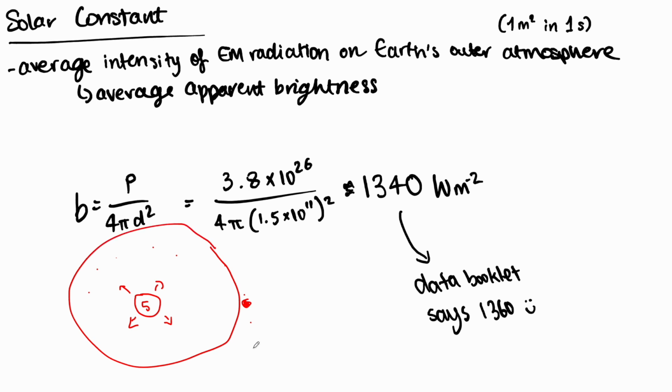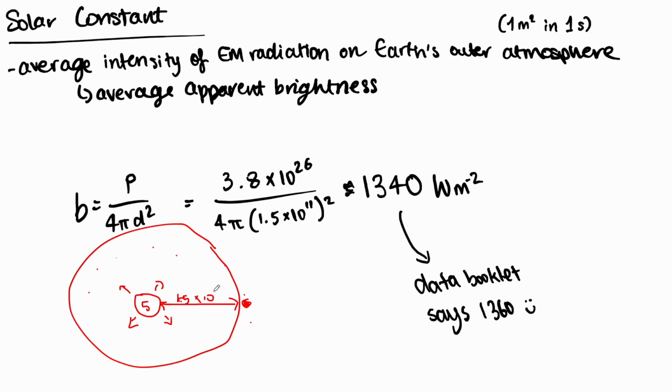And the distance between the sun and the earth, and therefore more or less the radius of this sphere, which I googled, is about 1.55 times 10 to the 11.